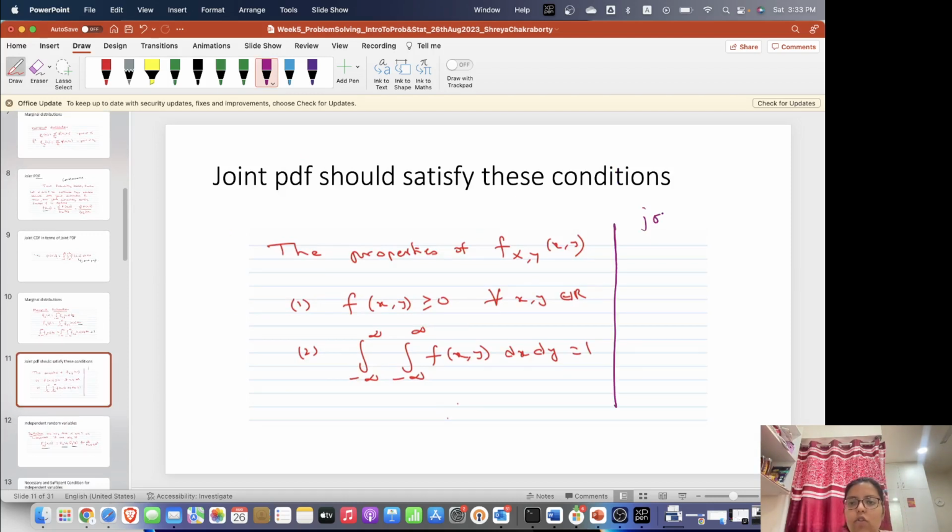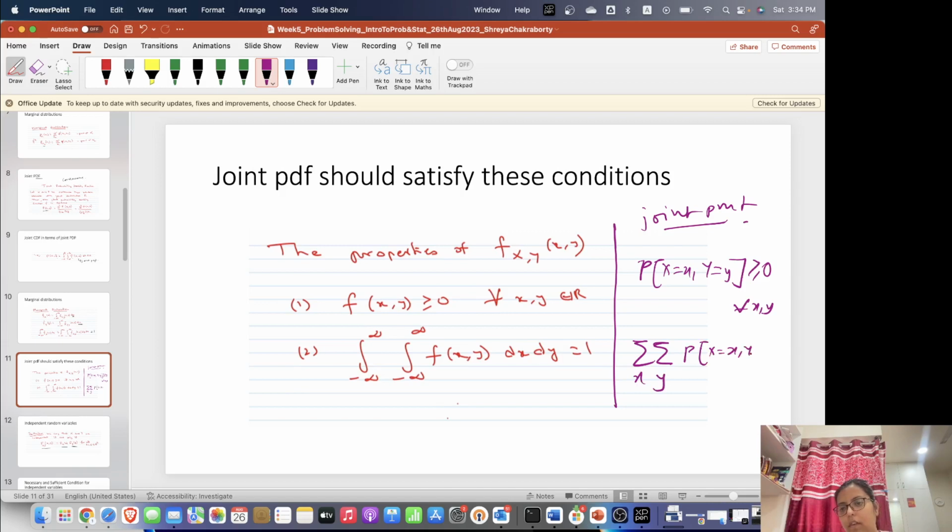Similarly, the joint PMF should also satisfy this criteria: the probability of X equal to x, Y equal to y should be greater than or equal to 0 for all x, y belonging to some space, and the summation over x, y should also be equal to 1.